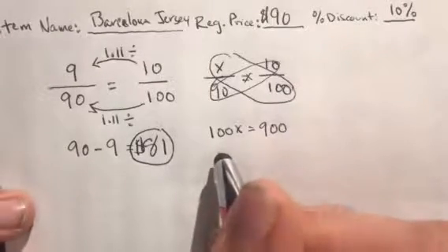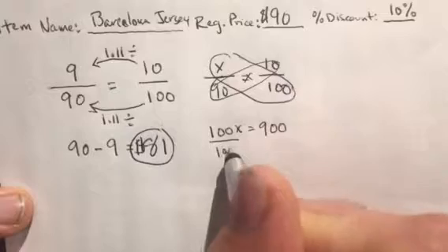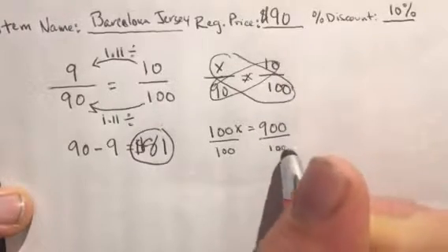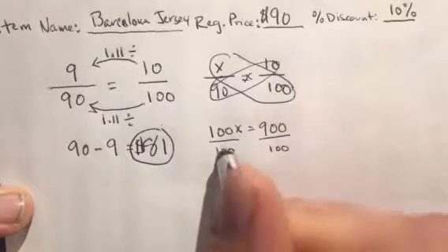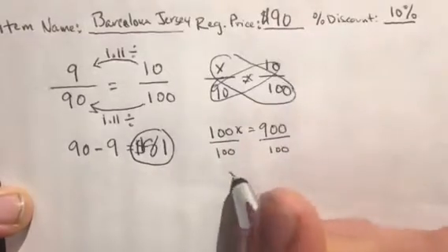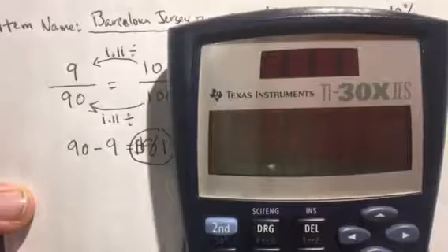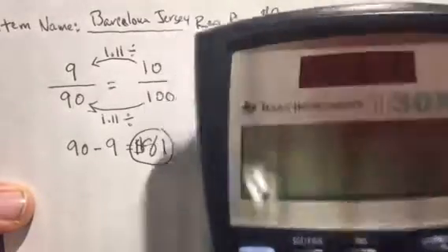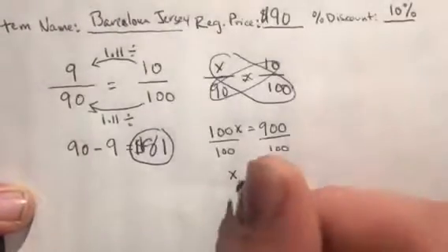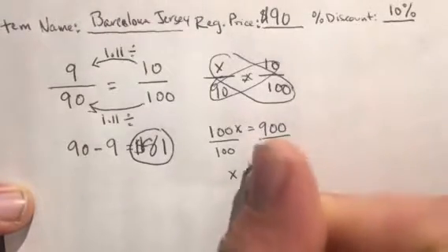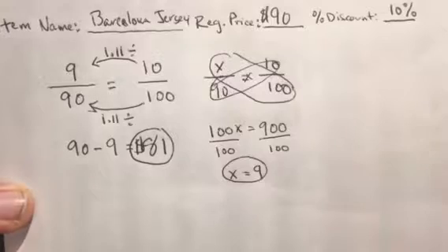And to do that, I do the opposite. So in this case, I'm going to divide by 100 on both sides. 100 divided by 100 gives me 1x, or just x. And 900 divided by 100 gives me 9. Sorry if you guys can't see it. But x equals 9. So either way, I got the same thing.